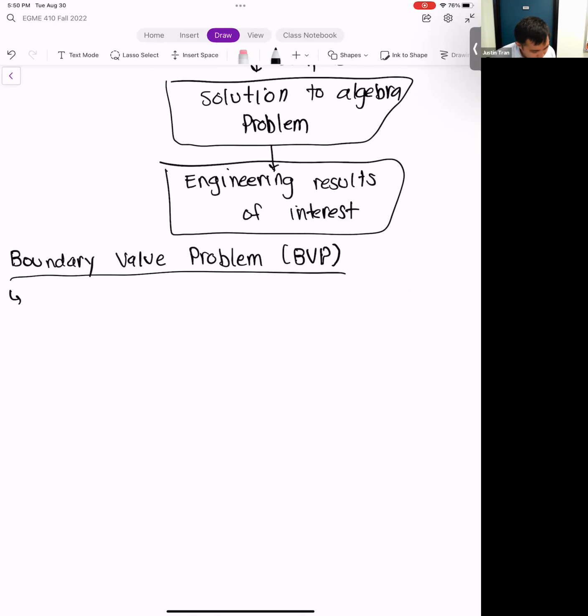And so let's define it first. A boundary value problem, or BVP, is a mathematical expression of the type of problem that finite elements can solve.